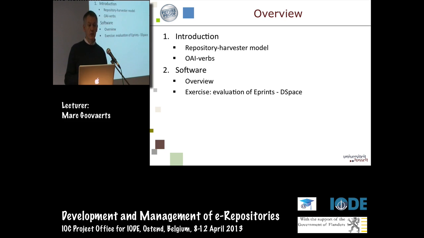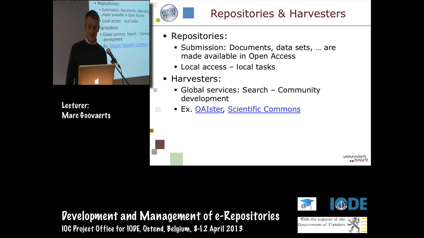We will use OpenDOAR to find them, but ePrints and DSpace also have demo sites where you can submit and do a few actions. It's up to you to do that, to get a first feeling of the software. That's for the first 2 hours.